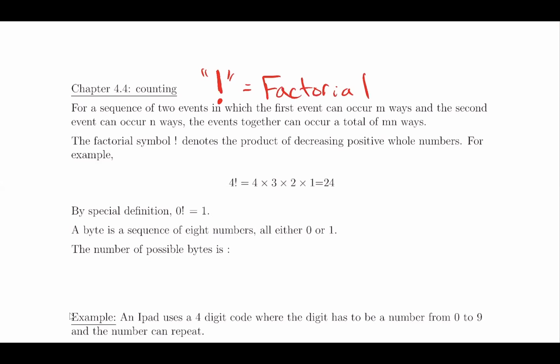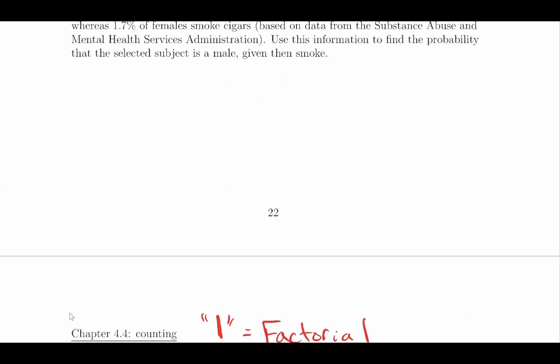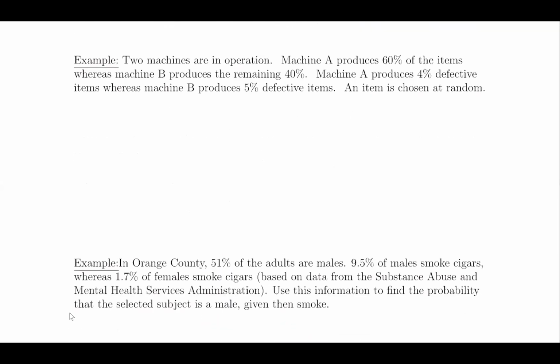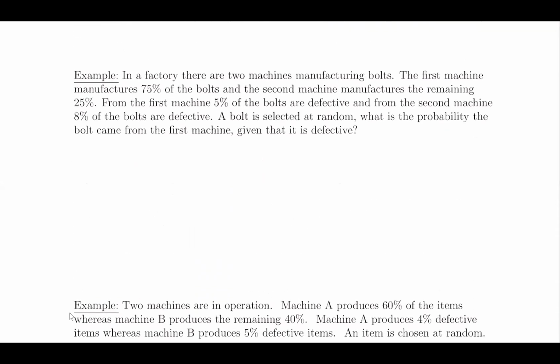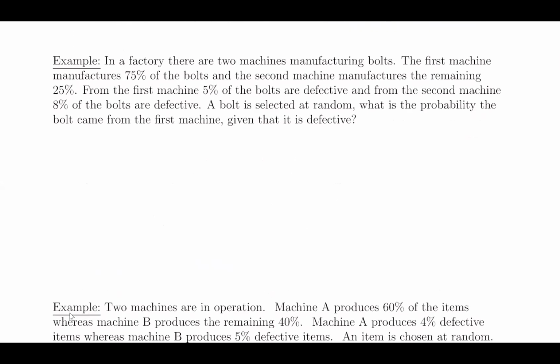Were you going to go over the examples on page 22? No, I'm going to leave those for extra practice, because we already did 3 of them. Okay, that's fine. I usually leave those for extra practice, since Bayes' theorem is the one that is tougher on students.